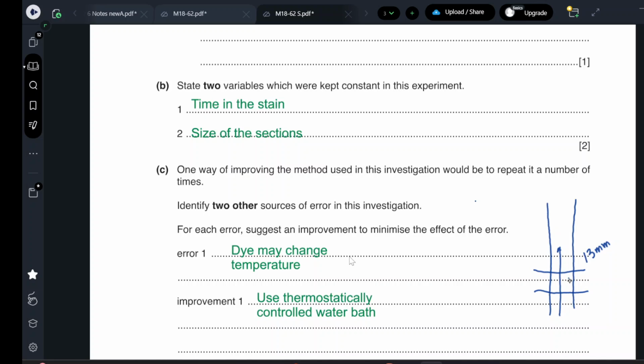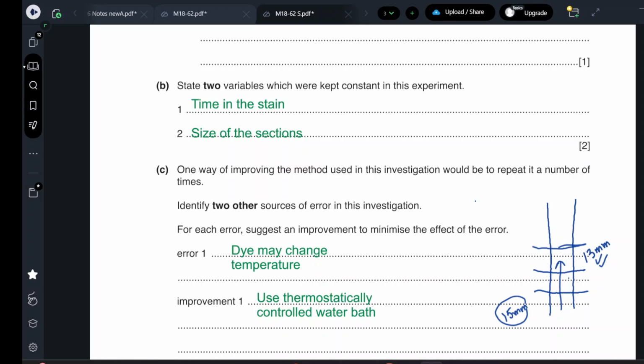The second 5, you will see the stain, okay? But it only moved up to 13. Let's say 13 is here. And you will cut the third 5 millimeter piece. You will record your result in the table that the stain moved 15 millimeters. However, in reality, it only moved 13.